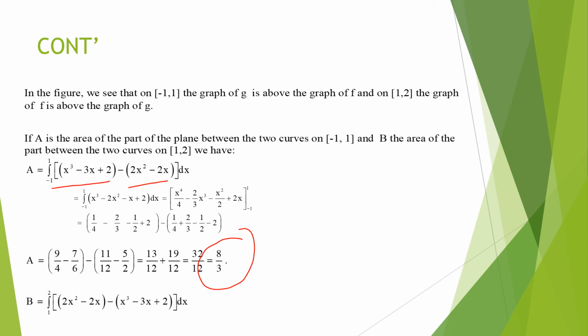So that part, its area is the integral from 1 to 2. Here f(x) is the upper curve and g(x) is the lower curve, so we interchange and take 2x^2 - 2x minus (x^3 - 3x + 2), where this one is the lower curve.